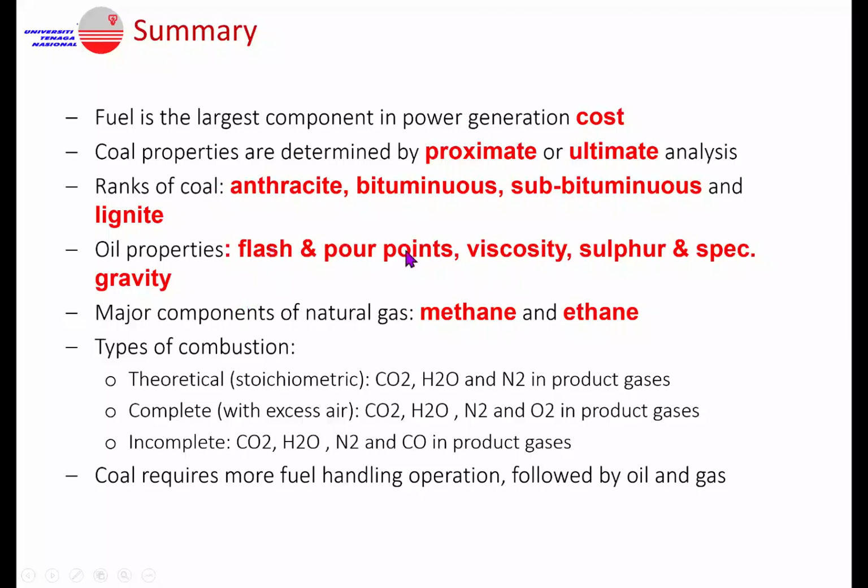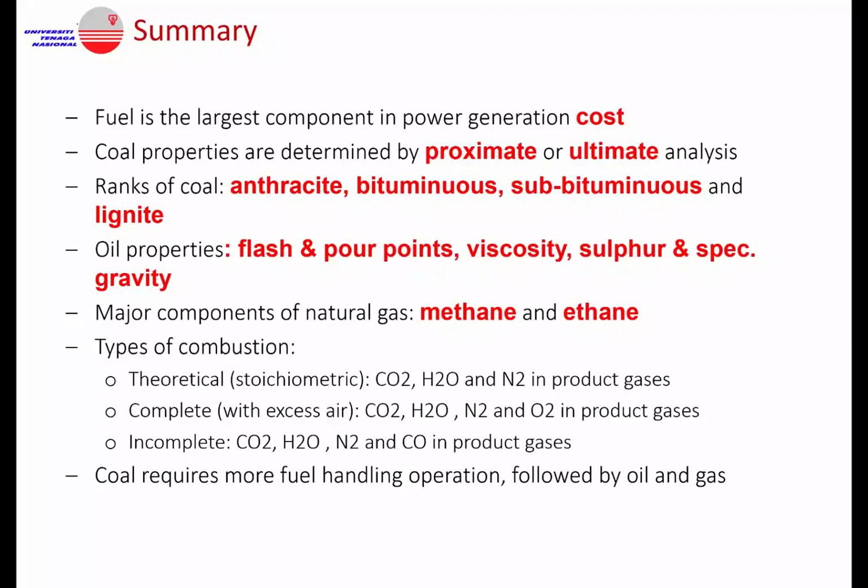They are the flash point, the pour point, the viscosity, the sulfur content, and also the specific gravity. Then for natural gas, usually it consists of many components, but the major ones would be methane and also ethane.